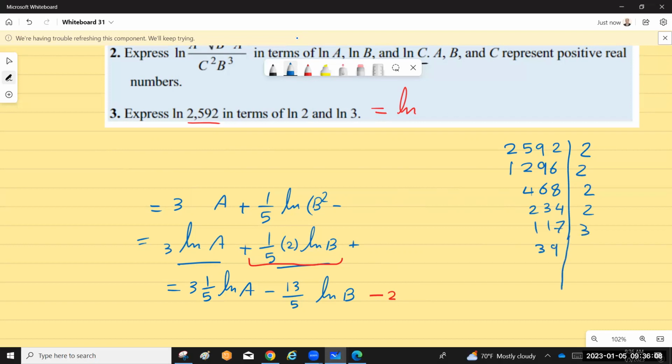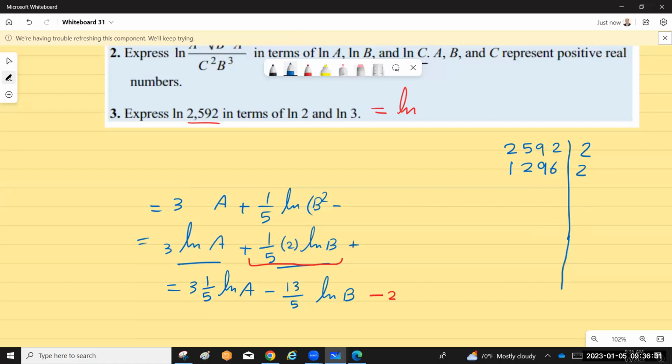Oh, no, something wrong I did. So 1296 divided by 2, the answer is 648. Yeah, this is 648, sorry. I'm sorry. And remove this one.